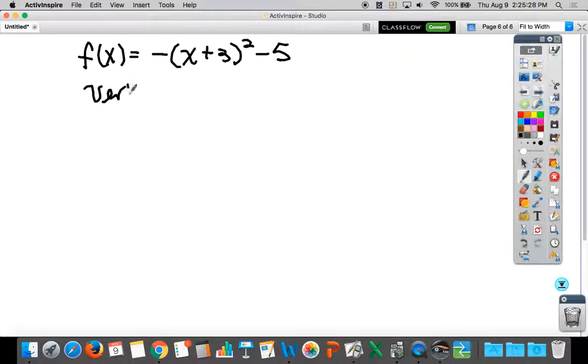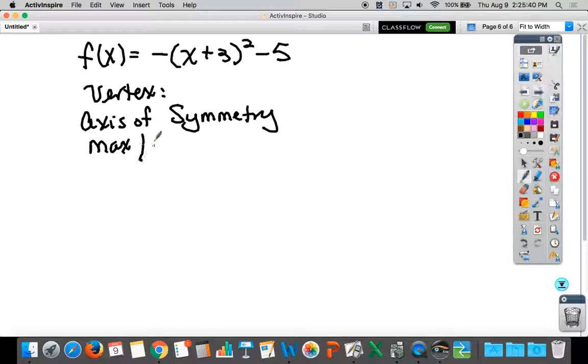I want you to list the vertex, the axis of symmetry, whether this is a max or min, and the values at those points. And I want to know the range.